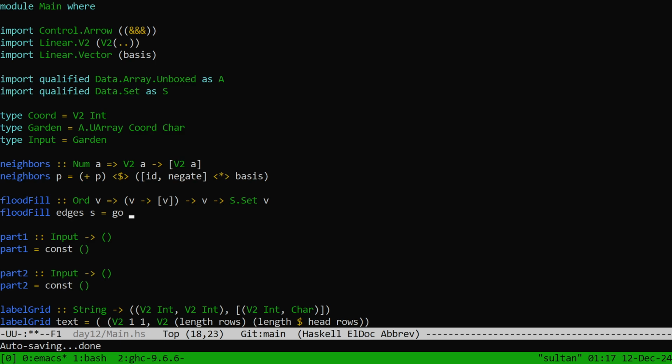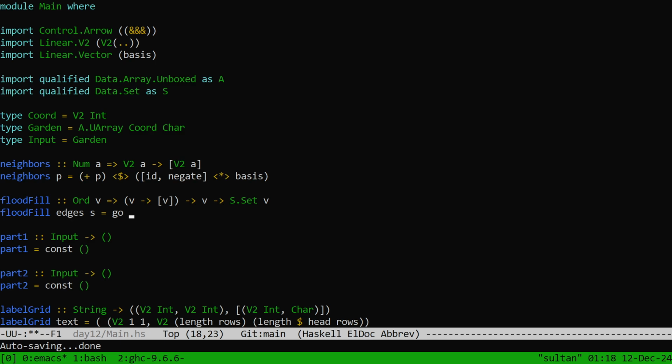So, I mean, I could go look up how you do this. I do have the flood fill Wikipedia article, I closed the tab, I guess, but I could find it pretty quickly. You need a seen set and a frontier set, basically, right? I think having them both be sets makes sense.